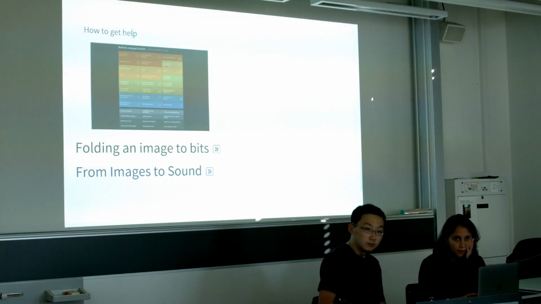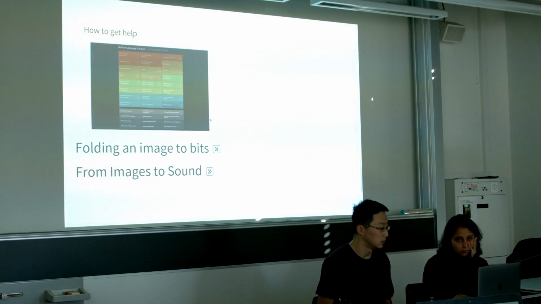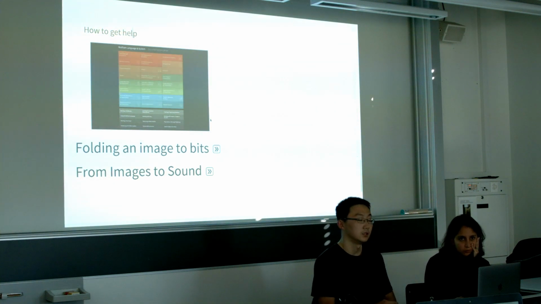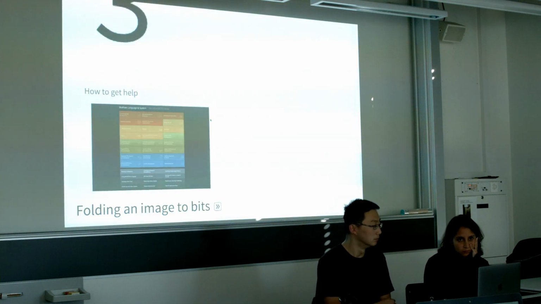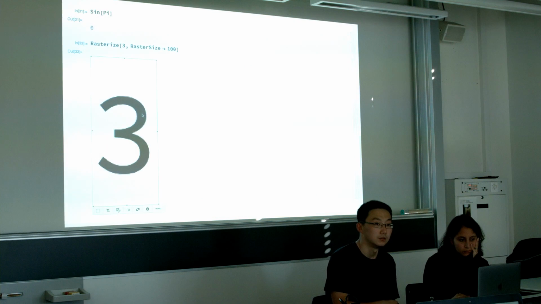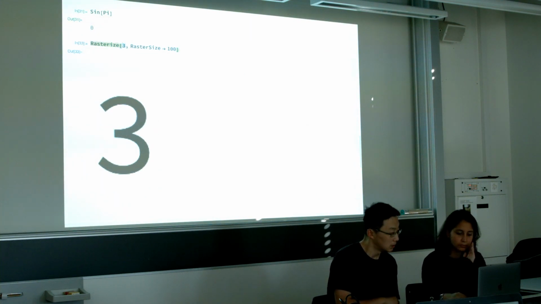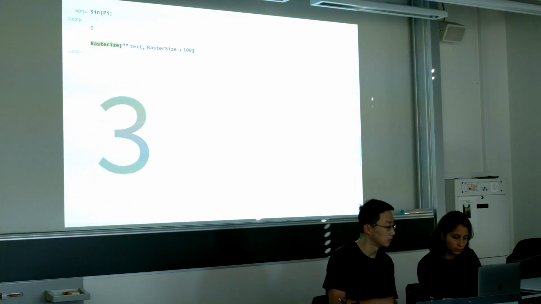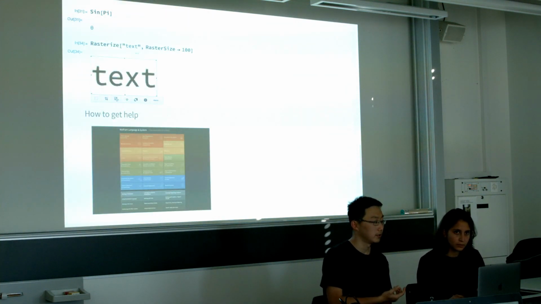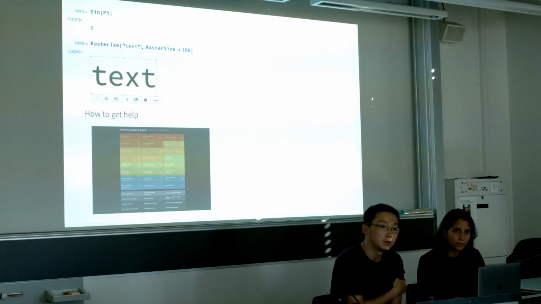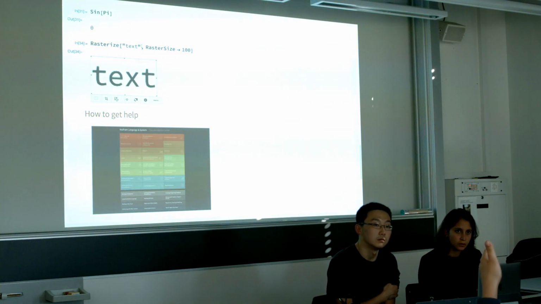Can you link, for example, the Rasterize 3, could you, instead of 3, link to another information on the... Yes. Yeah, for example, you can say Rasterize text, then it becomes... Yes, but can you link to another information already in the notebook? Yes.